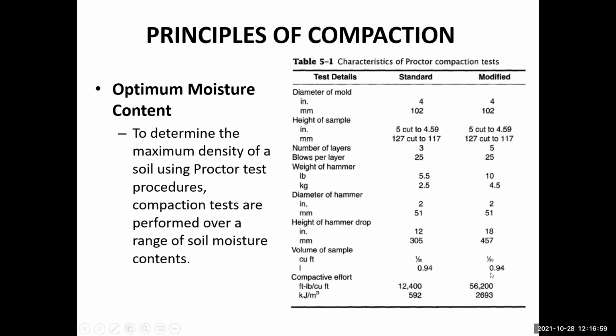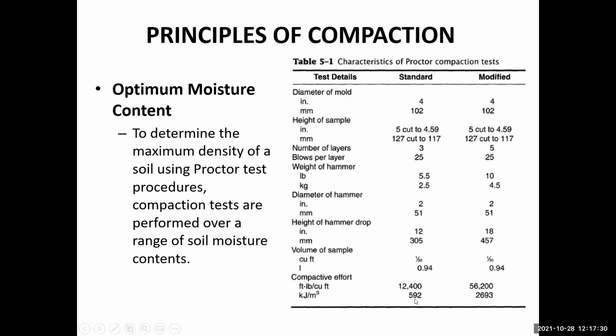The volume of soil used in the sample is also the same. However, due to the heavier hammer, higher drop, and more layers, the compacting effort in the modified test is much more than the standard test.